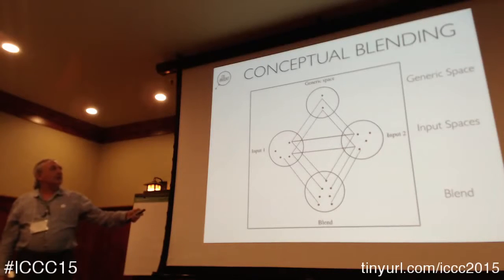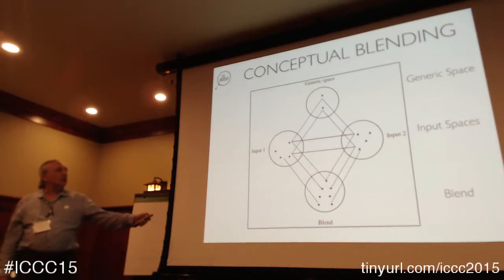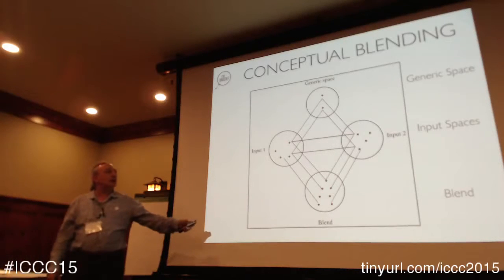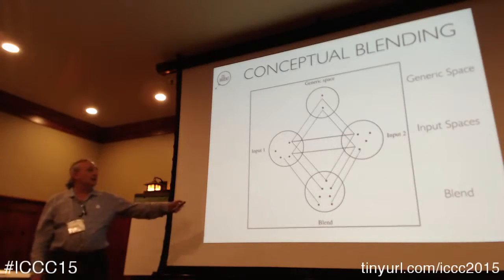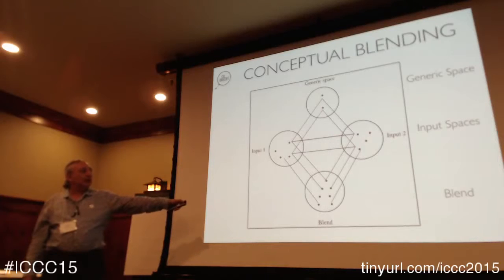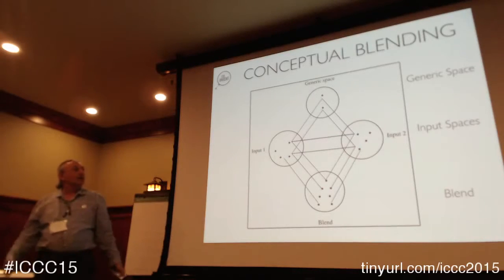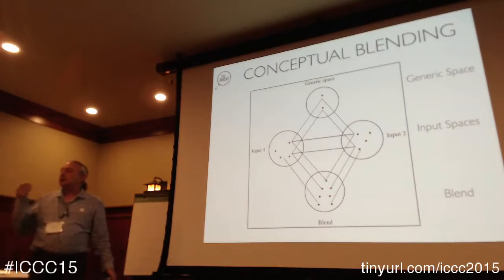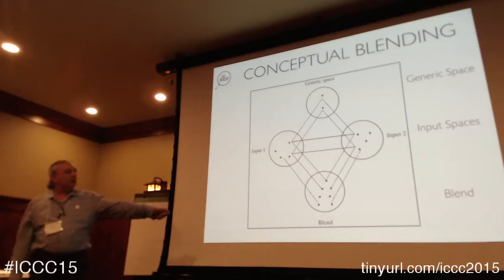So the idea of the generic space is that in here you represent what you have in common in both input spaces. And then the blend is a composition of part of the information you have here and part of the information you have here. They call them projection. But the important thing that we will see gives some problems later to develop a formal model and a computational model of blending, which is what the project intends to do, is this partiality here.